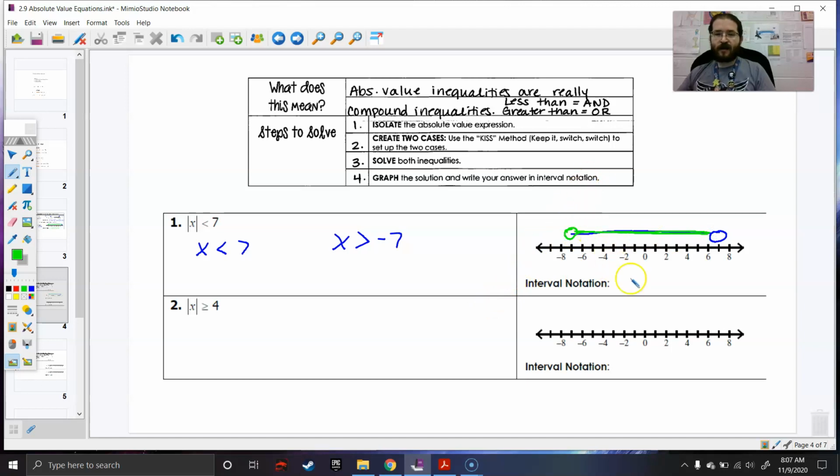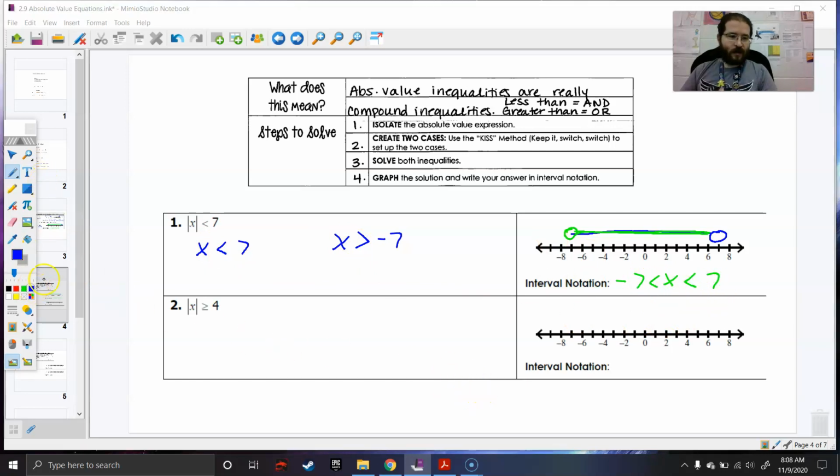So this is going to be an and statement. Our lowest value is negative 7, and then we make x greater than that, and then it's less than our top number, just like we would normally with these. We're just rewriting these to make it fit, because remember, x is still greater than negative 7 but also less than 7.